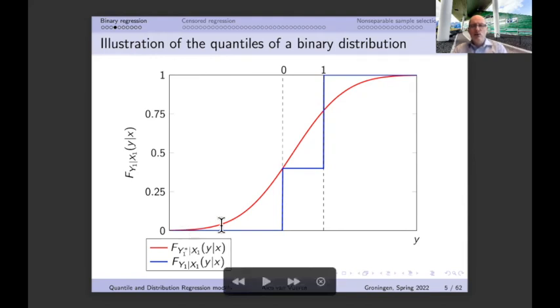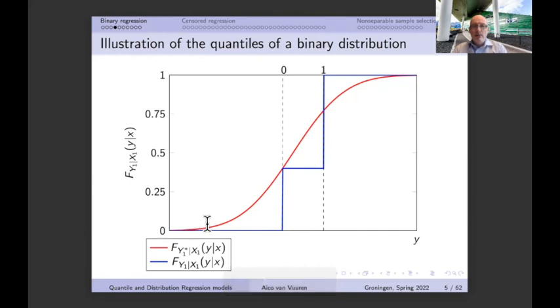But let's just assume that the distribution of y1 star is equal to this thing that we have over here. I'm going to do that because I would like to relate that to the distribution of the thing that we do observe, and that is y1. So the question arises, how is the distribution function of y1 related to the distribution function of this y1 star that we have over here?